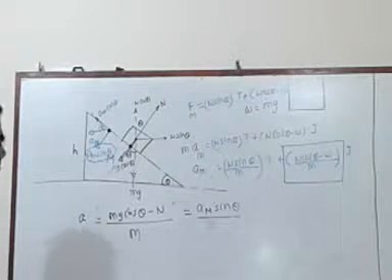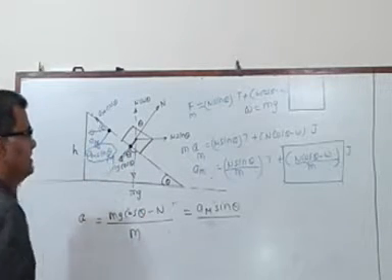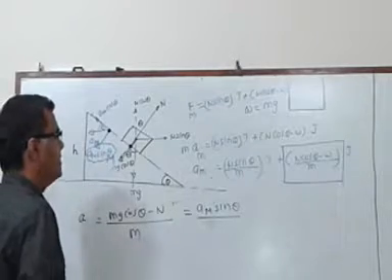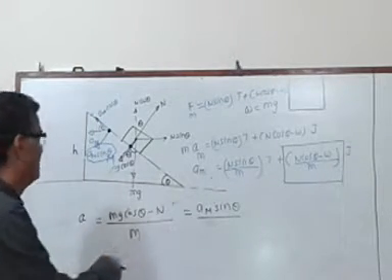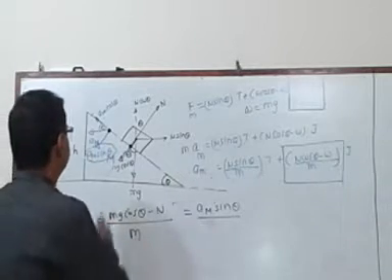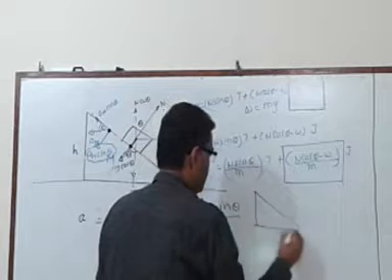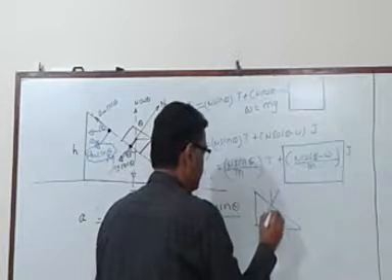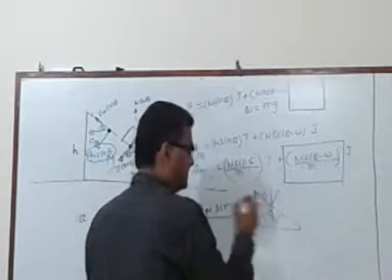Now let us try to find the value of N from this discussion. We have already studied the relationship between AM and N. Let me recall this for you. The component N was acting like this, and this was a component N sin theta to the left.